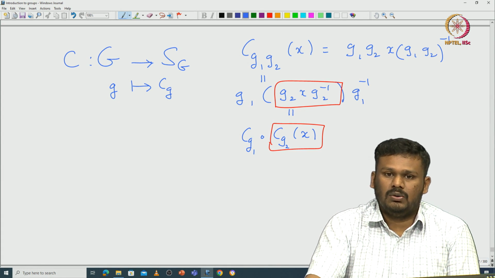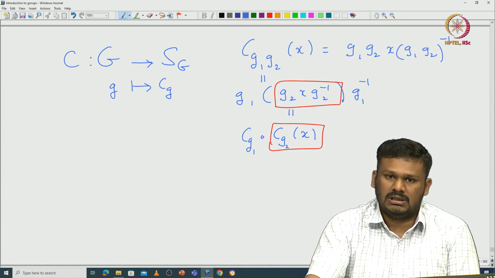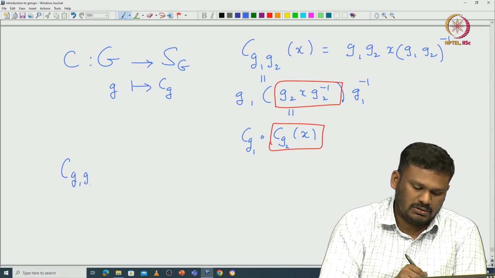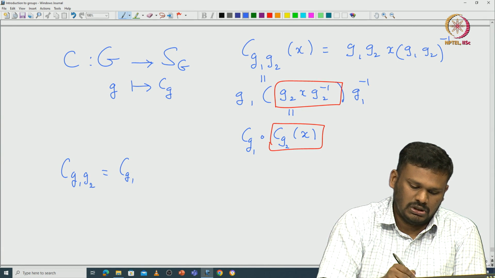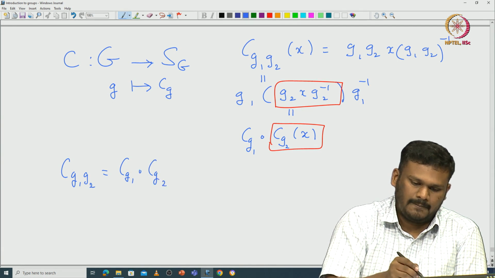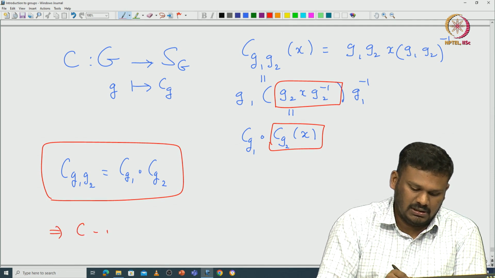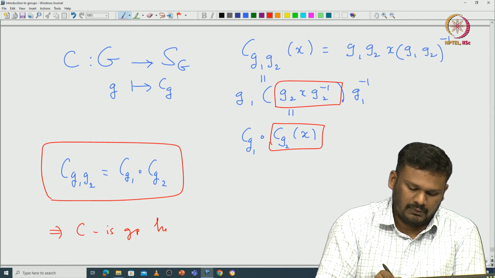So, you are getting Cg1g2 of x. This proves that Cg1g2 is the same as Cg1 composition Cg2. That implies this C is a group homomorphism.